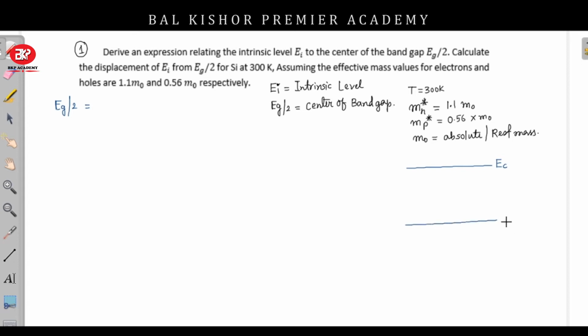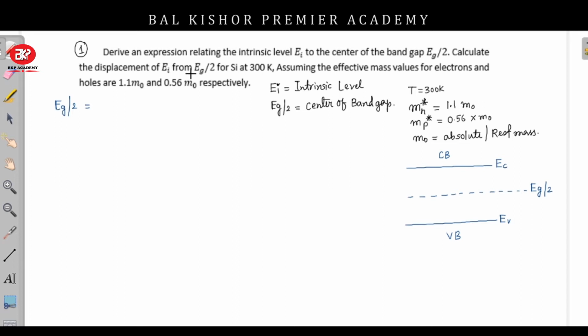Similarly, this will be the EV energy level, the maximum energy for the valence band. So the valence band is here and the conduction band is here. Where will the middle of the band gap be? Let us assume that this is the middle of the band gap, and I am denoting it as Eg divided by 2. And there is the intrinsic level.